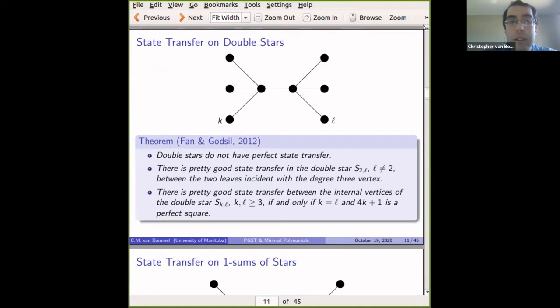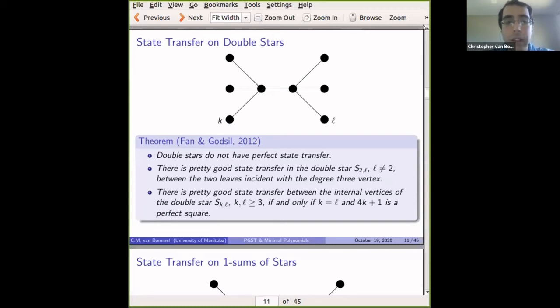So some other families where pretty good state transfer has been considered is double stars. This is by Fan and Godsil. So the number of leaves on each end can vary. And so for any set of values there, you can't have perfect state transfer.